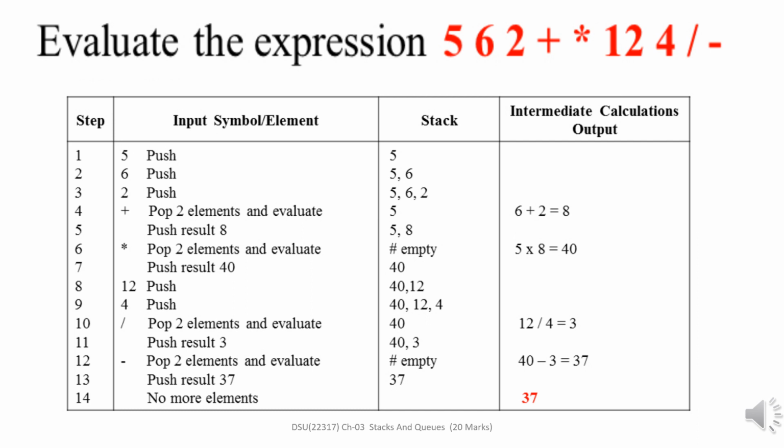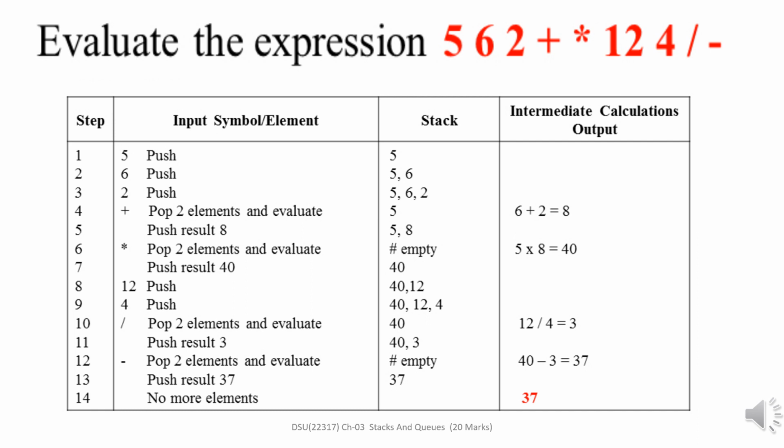Now next multiplication, so pop 2 elements and evaluate, then the 5 and 8, these are the 2 elements, so 5 into 8 and our stack is empty and the result is 40. Now next is 12, then push 12, so our result is 40 and then 12 is another operand.